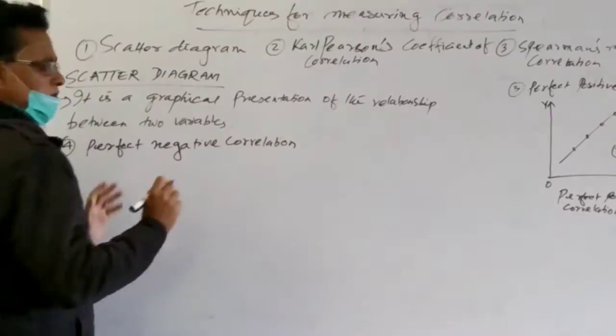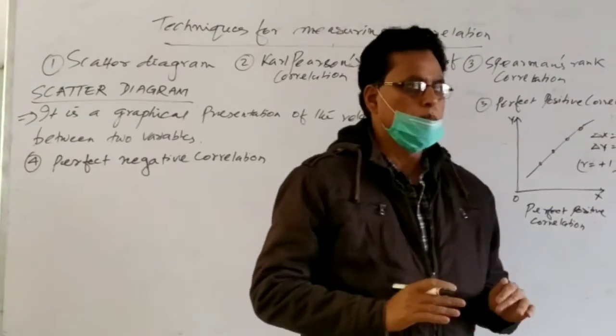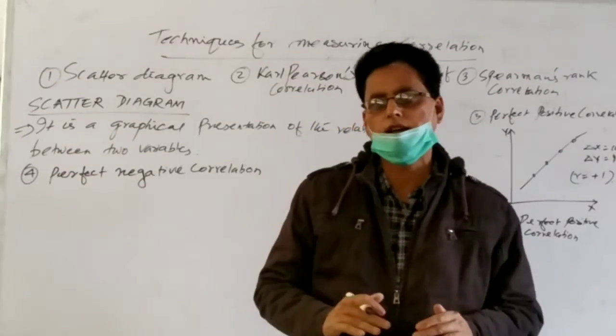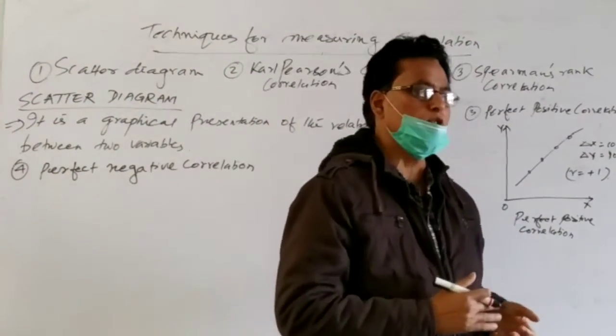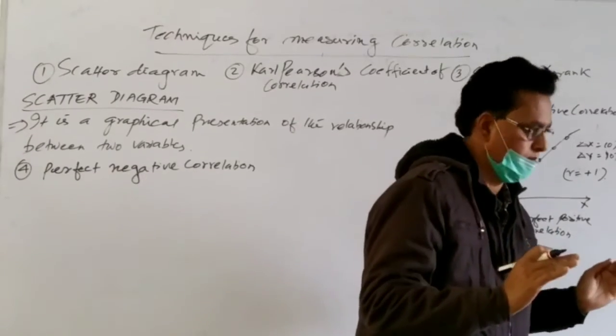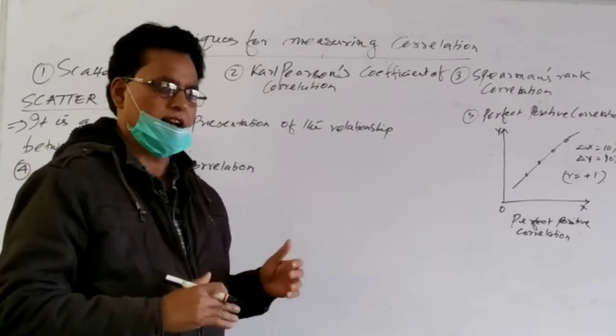So in perfect negative correlation, what happens? Let us see that both the variables move in the opposite direction, but the proportionate change in both the variables is the same. Okay, but they move in the opposite direction.